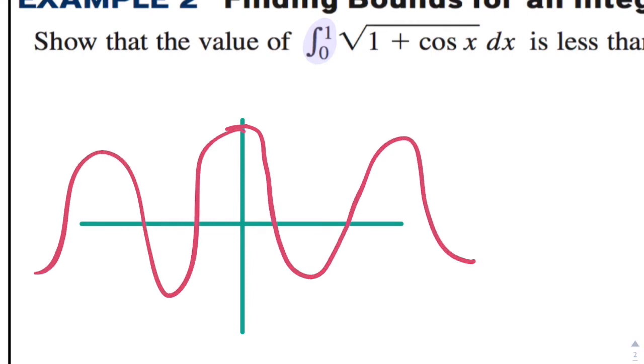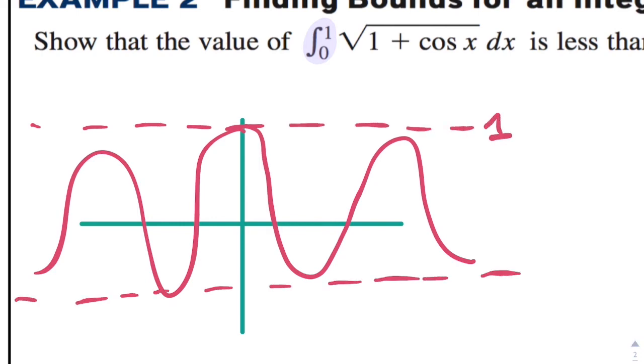I'm just sketching in a random cosine function. That's a bad example, but we know it oscillates between 1 and -1. So we have when x is 0, which is right here, and when x is 1 is somewhere over here, but again, somewhere between 0 and 1.